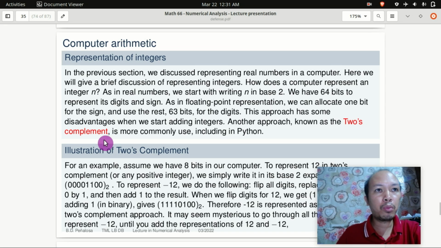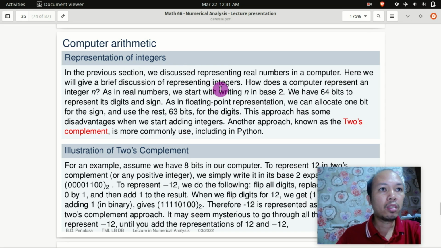Okay, the discussion of this topic, representation of integers. I promise that I will be discussing the difference between the 32-bit and the 64-bit floating point representation of a given real number.